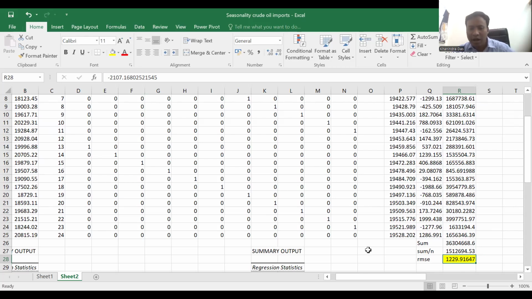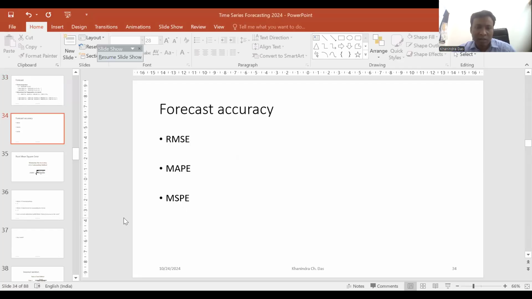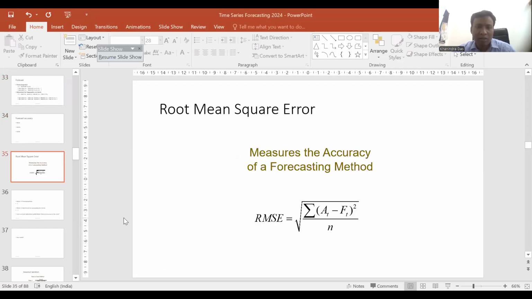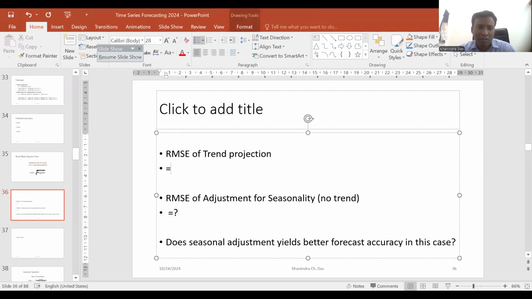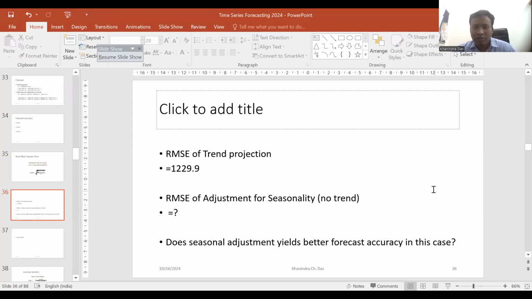So this we can note, 1229.9, we'll note it in our results, right? So what is the root mean square error of this method? 1229.9. Now let's go back and do it for the dummy method.